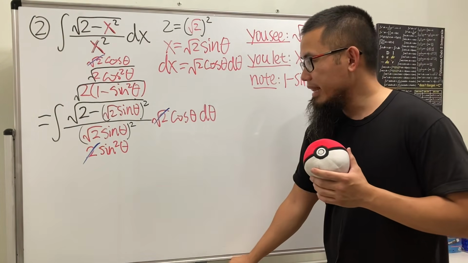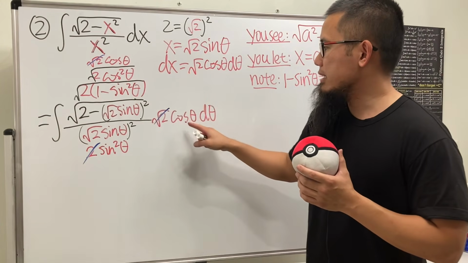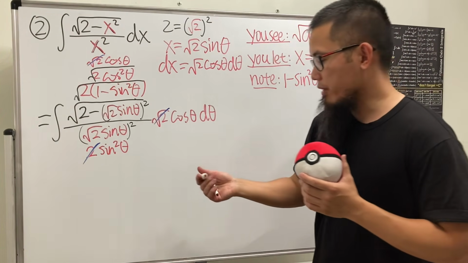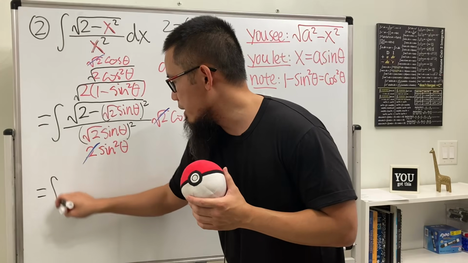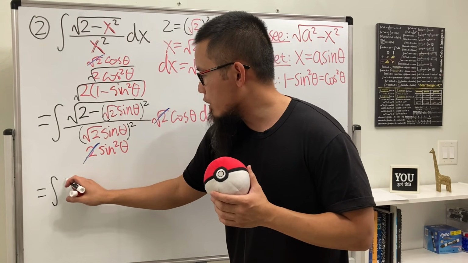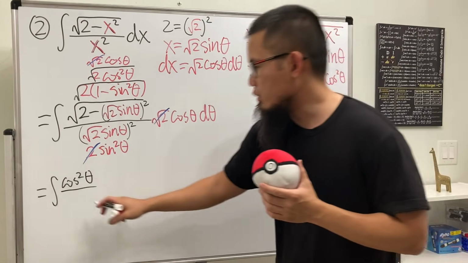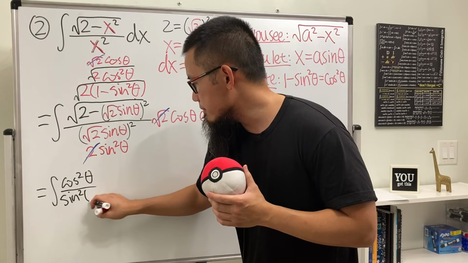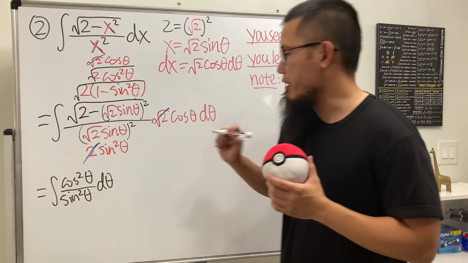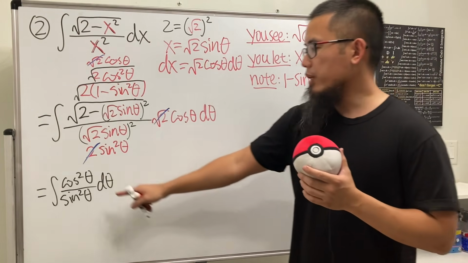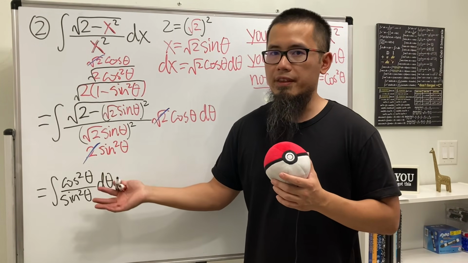And then this times that is cosine square theta. I'm going to write that down to make it super clear. On the top we have cosine square theta. On the bottom we have sine square theta. And then d theta.